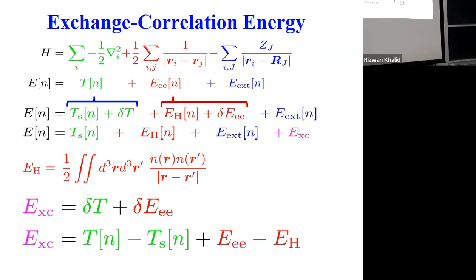And this exchange correlation energy is the term which includes that dispersion interaction, because it includes the many-body effects, all the many-body effects, how the electrons in the actual system are correlated with each other. So it includes all that stuff.